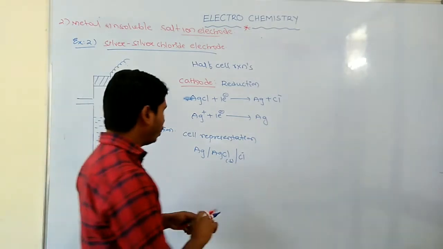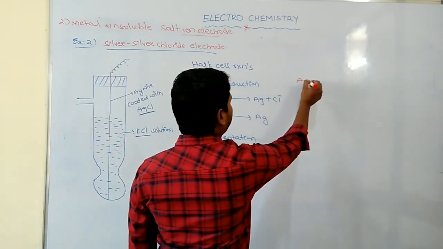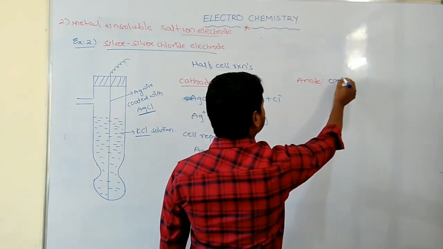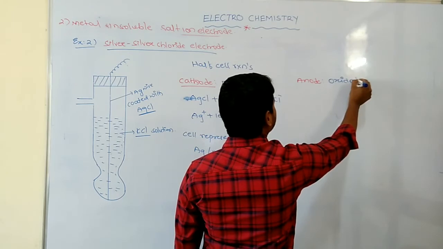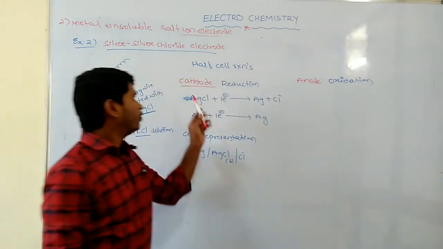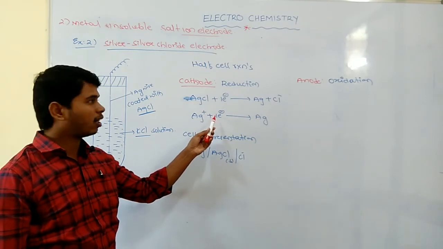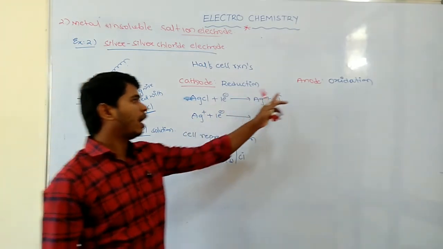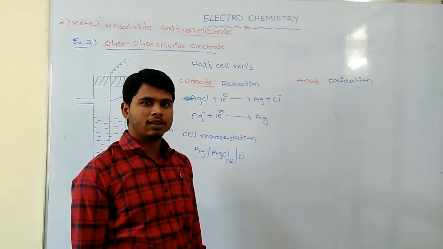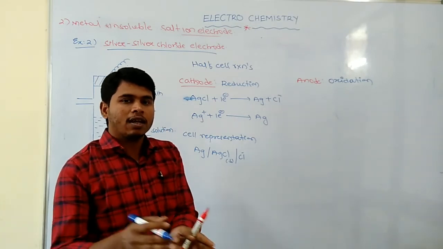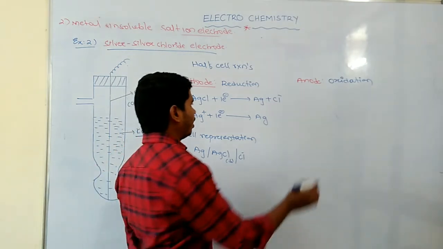For example, if it is acting as an anode, the oxidation reaction is taking place. If it is acting as a cathode, the reduction reaction is taking place, gaining of electrons. When the same electrode is acting as an anode, the oxidation reaction is taking place. In terms of electrons, the loss of electrons is oxidation.